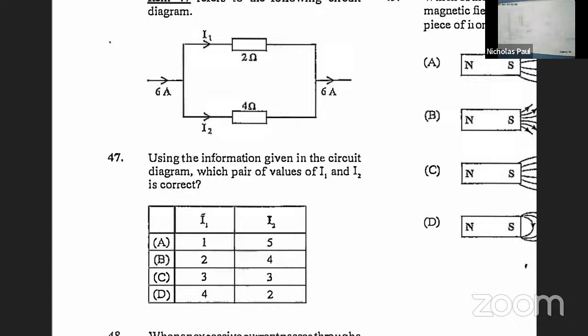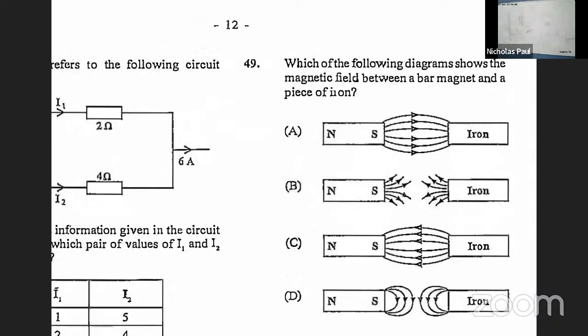Lower resistance means the higher current, and higher resistance means the smaller current. 4 plus 2 is still 6, and the potential is the same. Last one before you go to paper 2, 49.